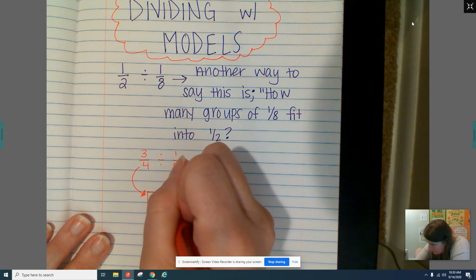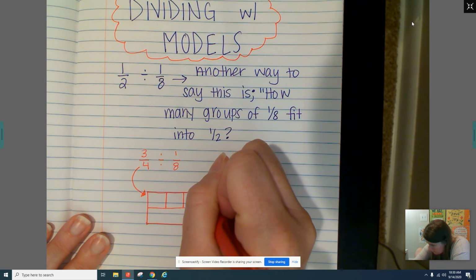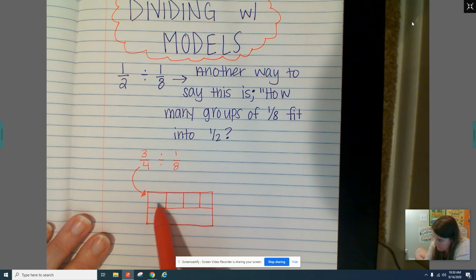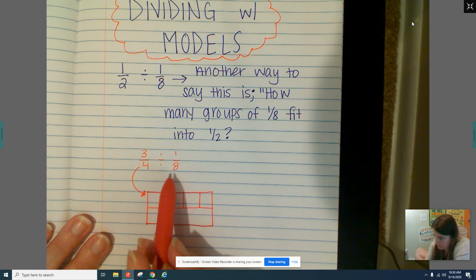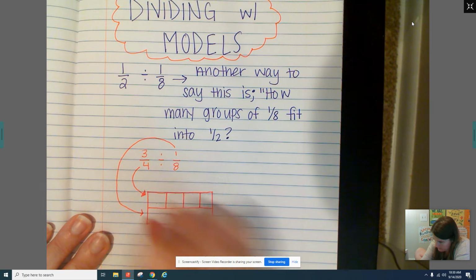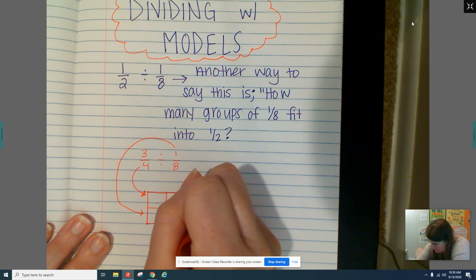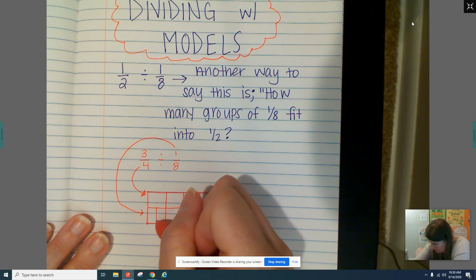All right, so I'm going to cut this box into 4. Okay, 1/4, 2/4, 3/4, 4/4, or 1 whole. Okay, and then the bottom box represents the divisor. So the bottom box gets divided into 8ths. And I just do 4ths, and then I cut my 4ths in half.